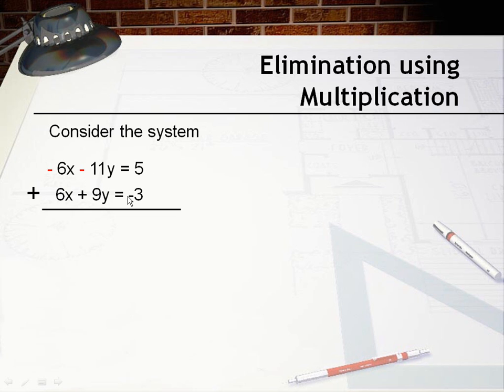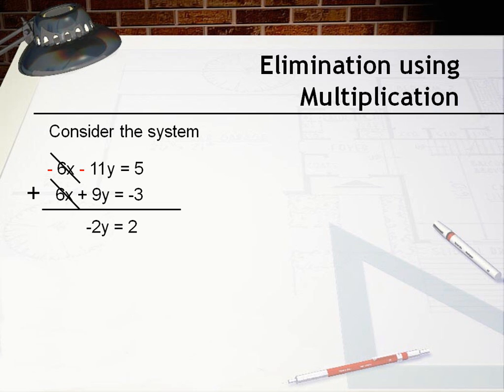Now if we added these two equations together, will the x term eliminate? Yes. This -6x plus 6x is 0, so it eliminates. Then let's add -11y plus 9y. We get -2y equals 2.